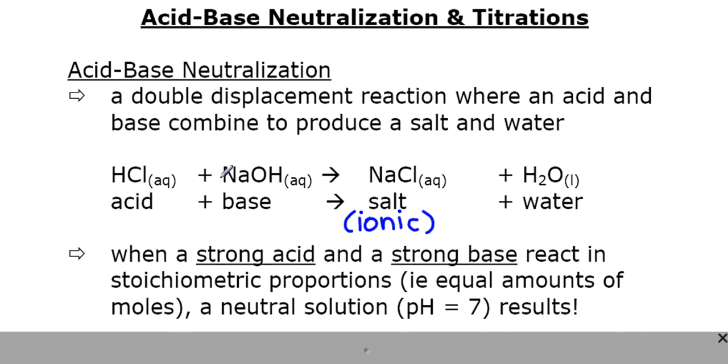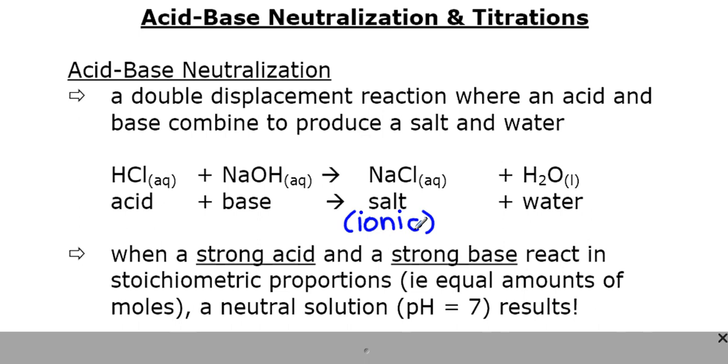We have a strong base, sodium hydroxide. If they both get completely used up, they'll produce salt and water. So at the neutralization point, you only have salt and water mixing. And as long as you start with a strong acid or strong base, this salt will be neutral.